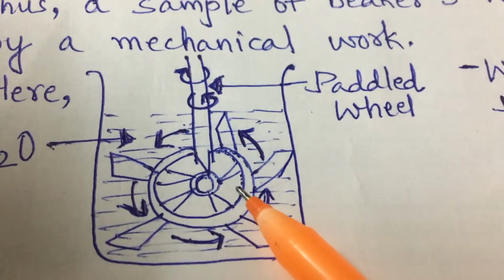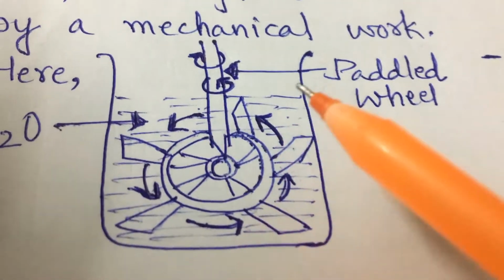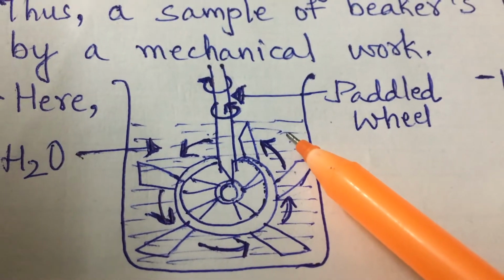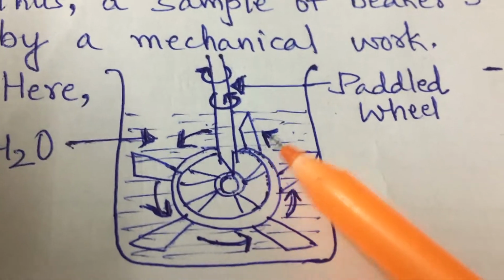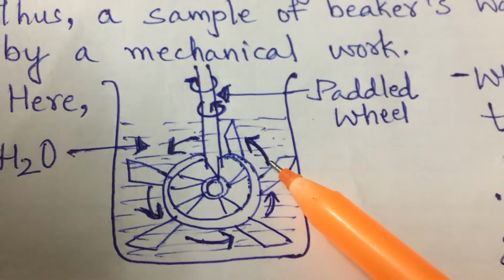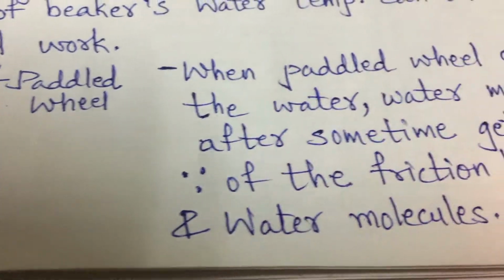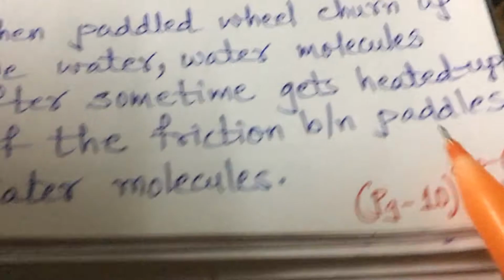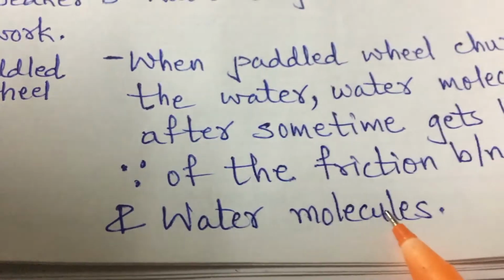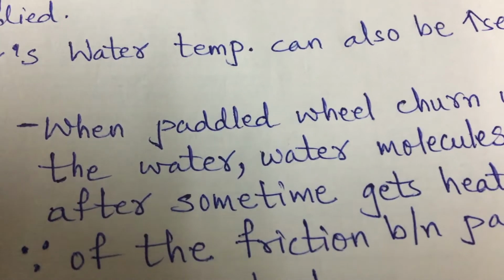So what happened here? Because of this mechanical device, the temperature of the water gets heated up, and so we can say mechanical work is done in the beaker, right? So here the same explanation is given, that because of the force of friction between the paddles and water molecules, the temperature increases.